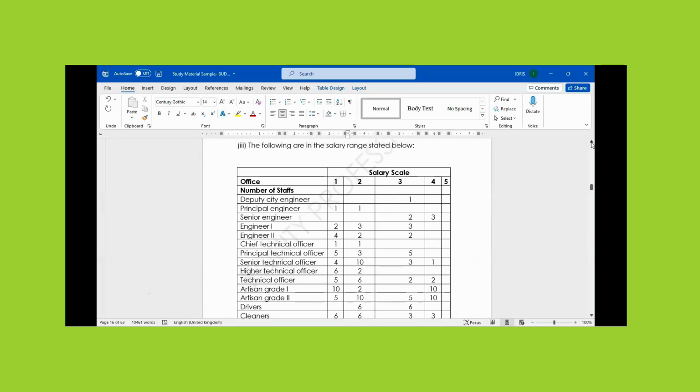Moving to step 2, based on additional information, 3 are in step 2. Moving to step 3, 3 are in step 3. Moving to step 4. So let's go and solve that.